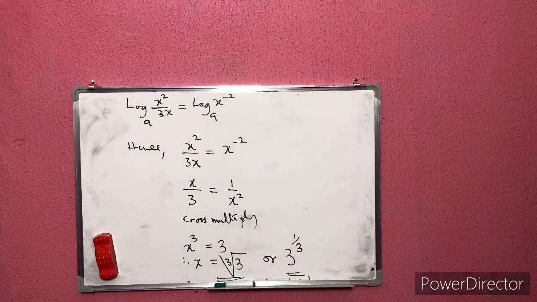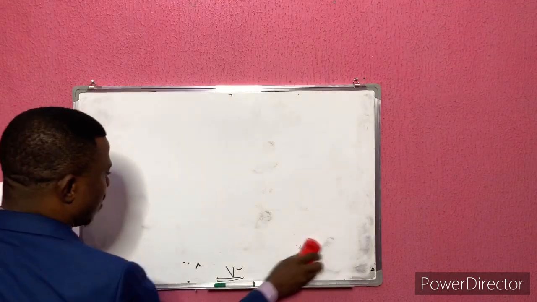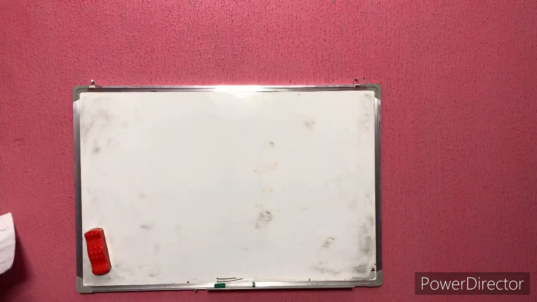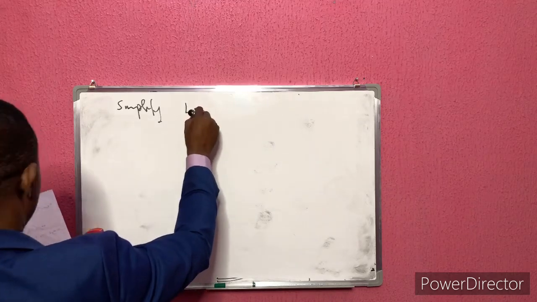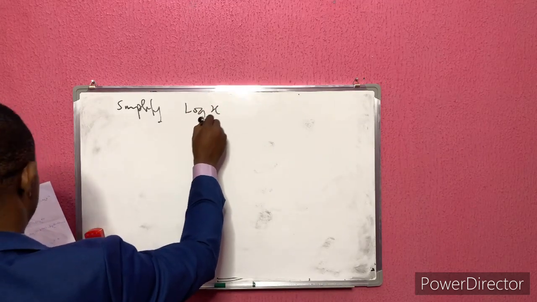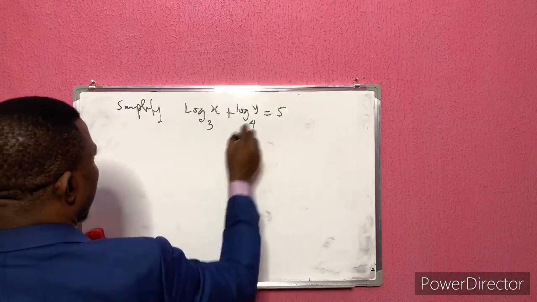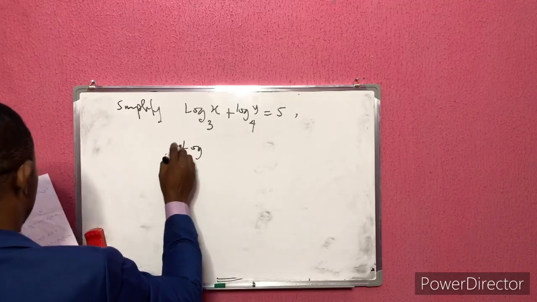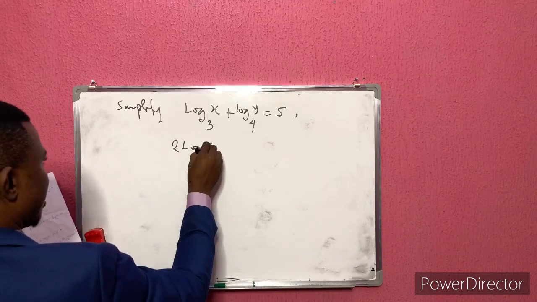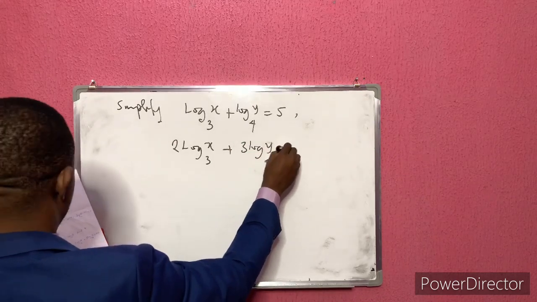I hope that is clear. The last example here will be: simplify log x base 3 plus log y base 4 equals to 5, and 2 log x base 3 plus 3 log y base 4 equals to 12.